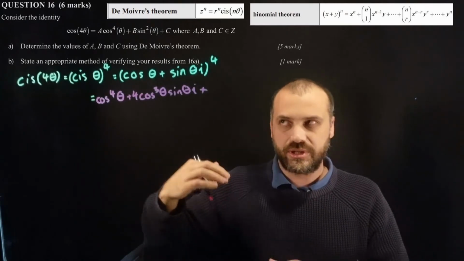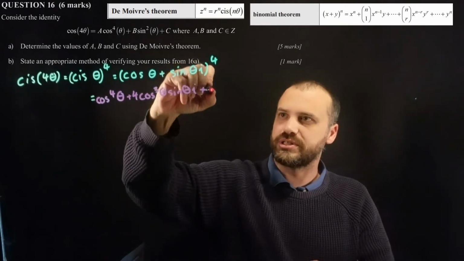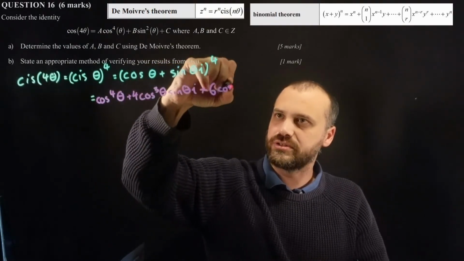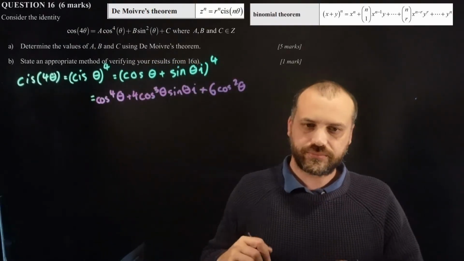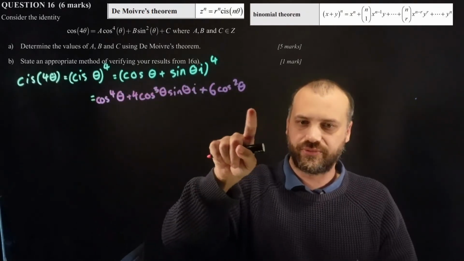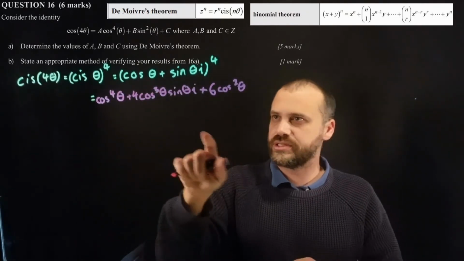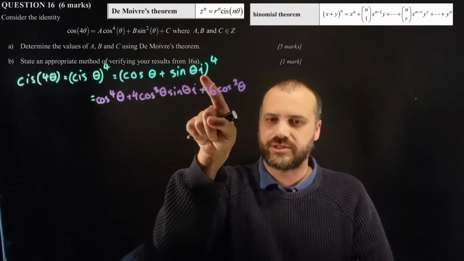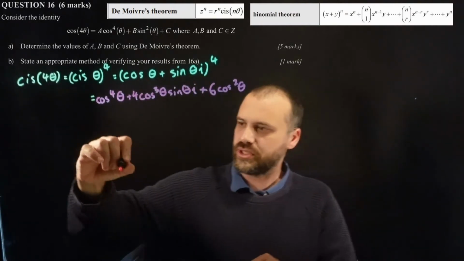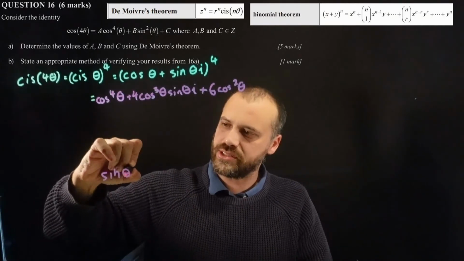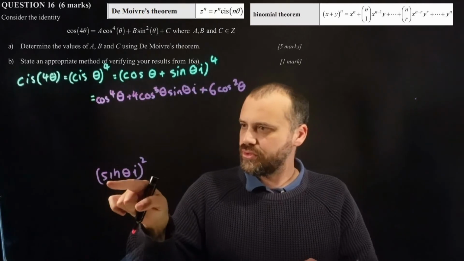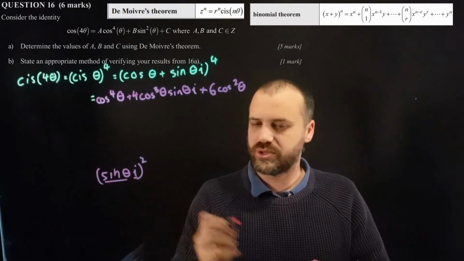All right, the next one is going to be 4 choose 2, which is 6. Okay, and then we've got this cos squared theta. All right, because the powers go down for the x's and they go up for the y's. So our next one, we need to raise all of this to the power of 2. So let's think about what that means. Sine theta i squared, right? So that means that we can square this and we're squaring this as well.